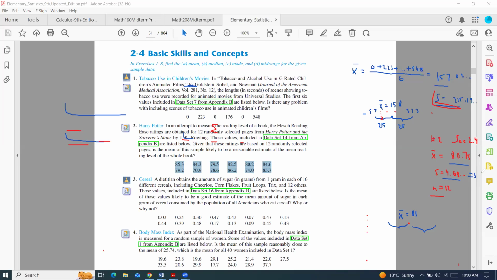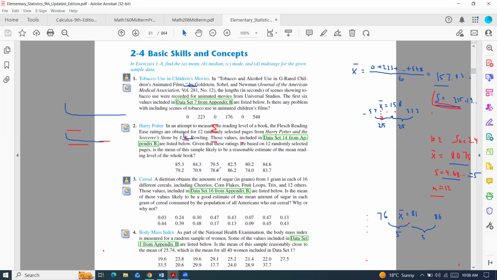So if I add 5, I move to the right by 5, and if I subtract 5, I move to the left by 5. So I'm going to have 86 on one end and 76 on the other end. So all numbers in this particular sample should lie between 76 and 86.